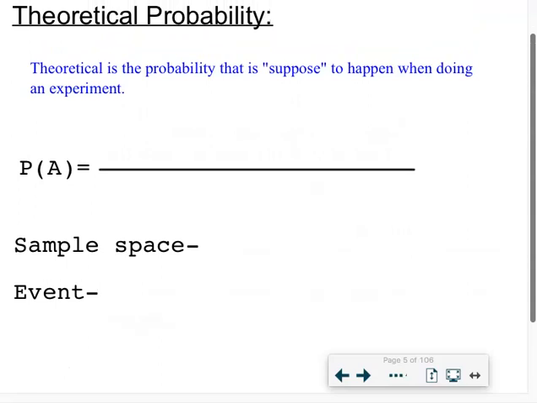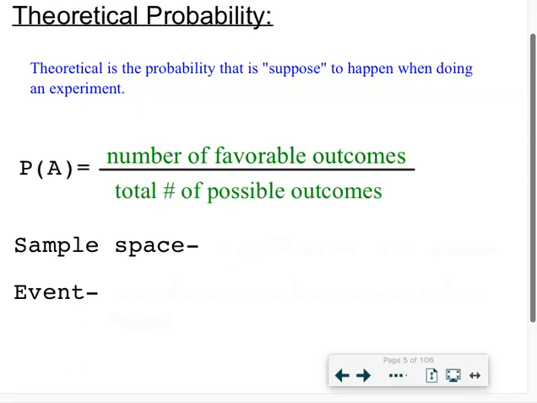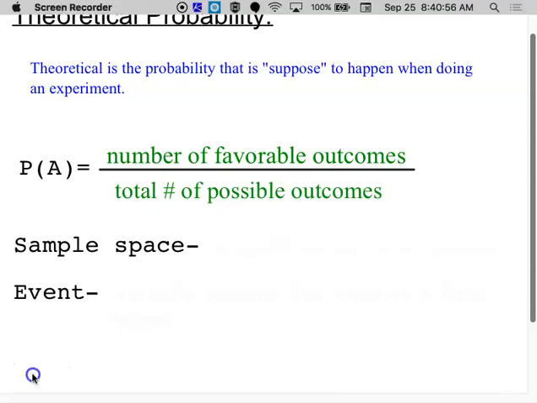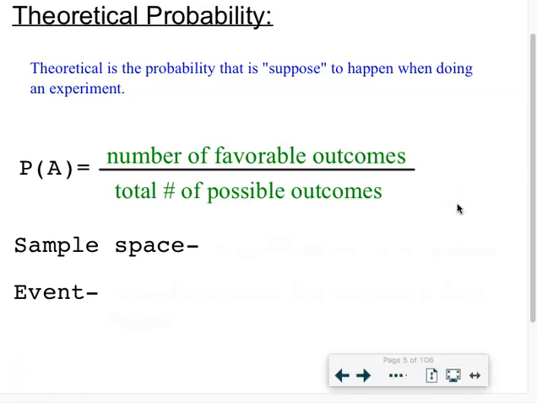The probability of getting heads on a coin flip would be the number of ways you can get heads, the number of favorable outcomes, divided by the number of possible outcomes. There would be one way to get heads on a coin, and there are 2 possible things that could happen when you flip a coin, so it would be a 1 out of 2 chance.